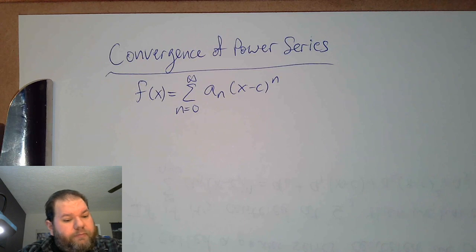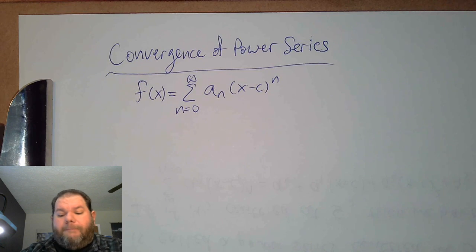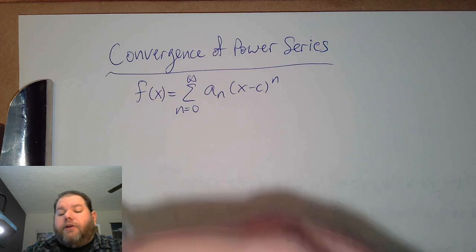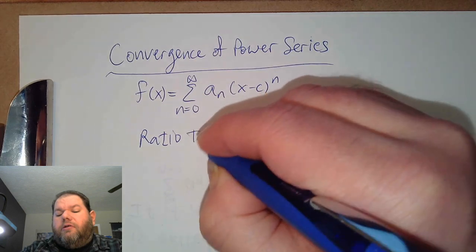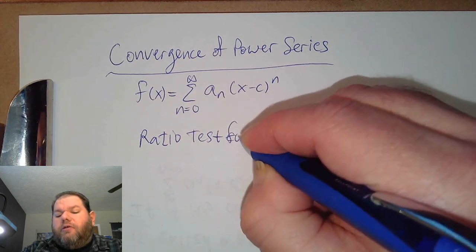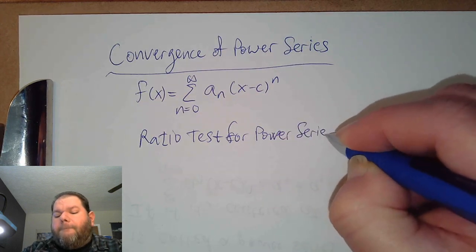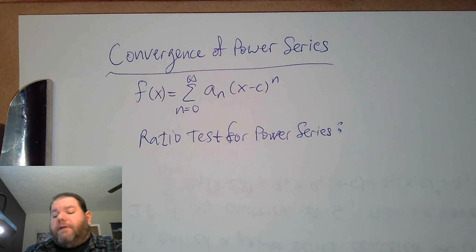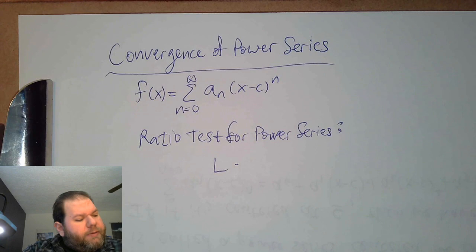Okay, and so we have a ratio test for power series. And this says that we let L, do we let it be L this time?